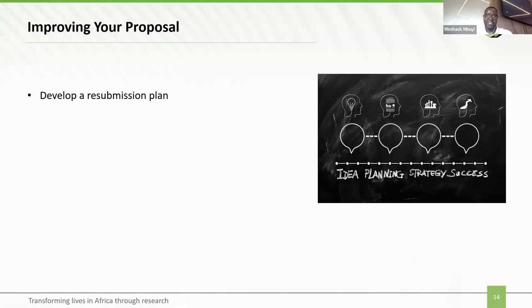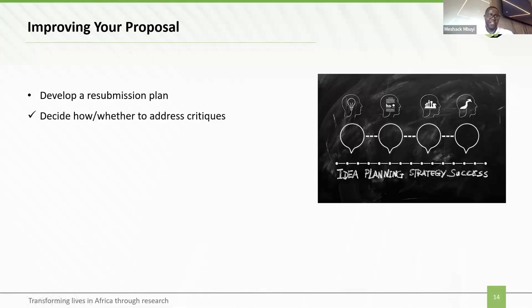If maybe it was a lack of preliminary data, they put a comment, lack of preliminary data, we will get preliminary data from maybe our partner, or we will do a rapid pilot study to help us get preliminary data, or maybe there's preliminary data that has come up between the time that the application was done and the time the resubmission is being done. Maybe there's new data that has come in. So you're able to put that.